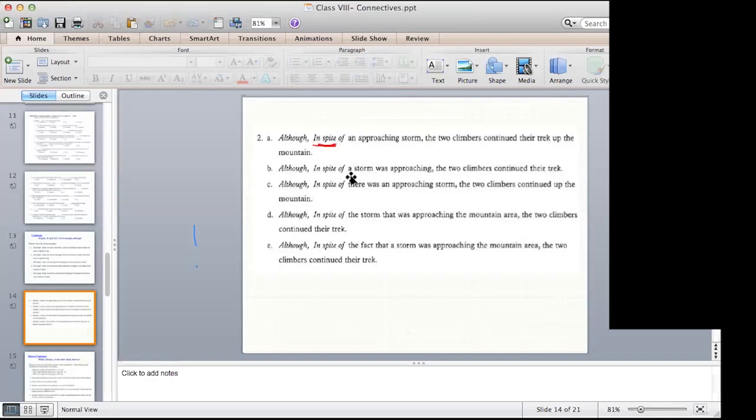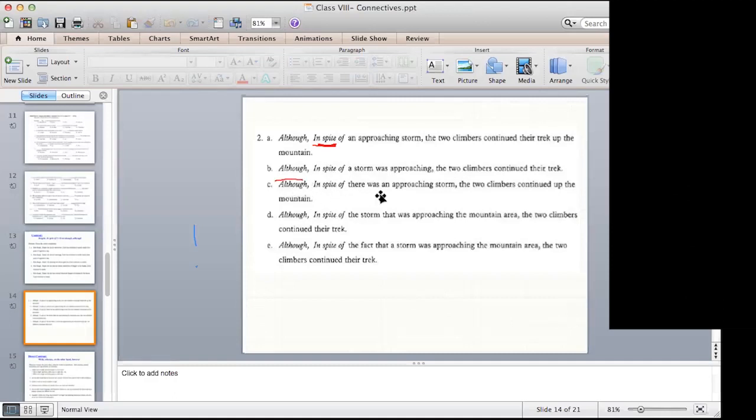Okay. Next one. Although, or in spite of, there was an approaching storm. There was, again subject verb. Because of subject verb, we are going to use although. Although there was an approaching storm, the two climbers continued up the mountain.